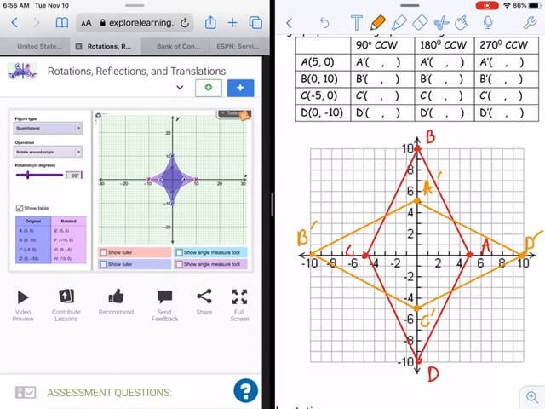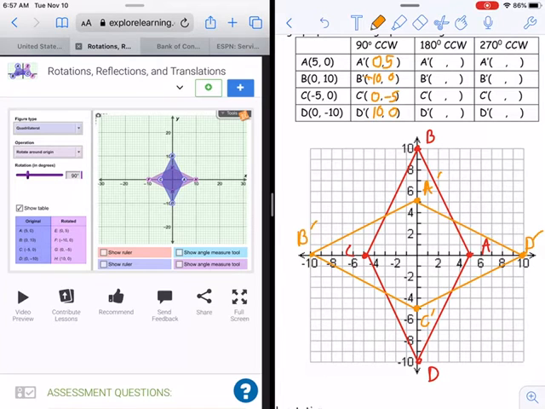Pretty cool. All right, so 0, 5, -10, 0, 0, -5, and 10, 0.